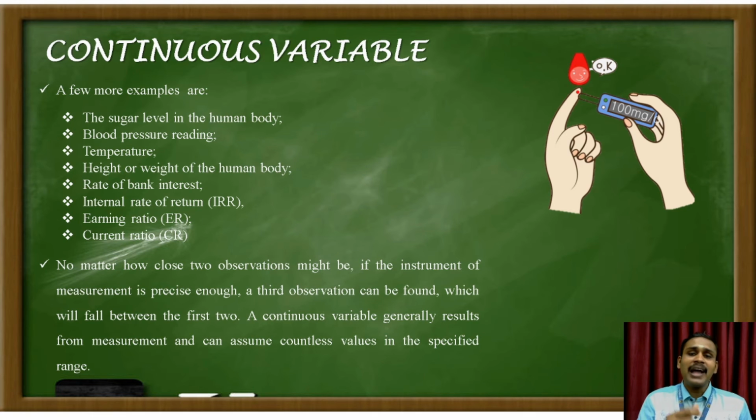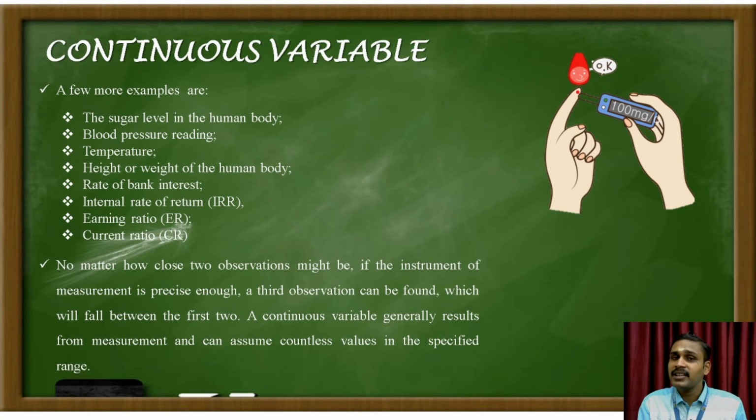And bank rate: different banks give different bank rates, all considered in the same category. And internal rate of return, earning ratio, how much you are earning: 8% earning, 10%, 12%, 15% per annum. Everything comes under a particular interval we are using.